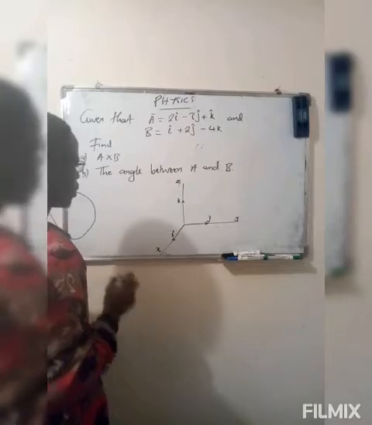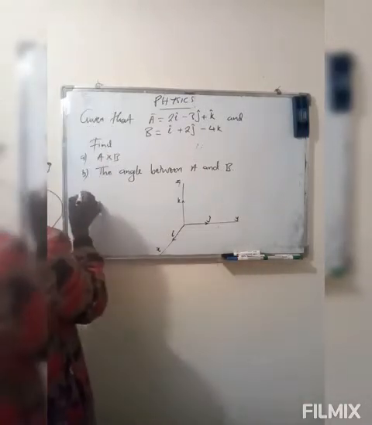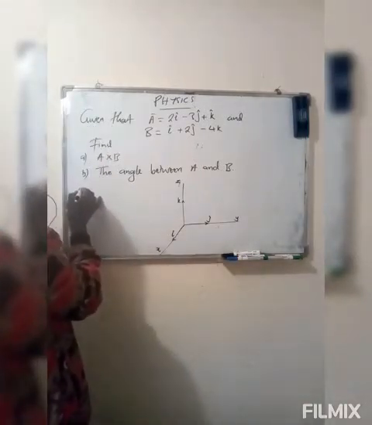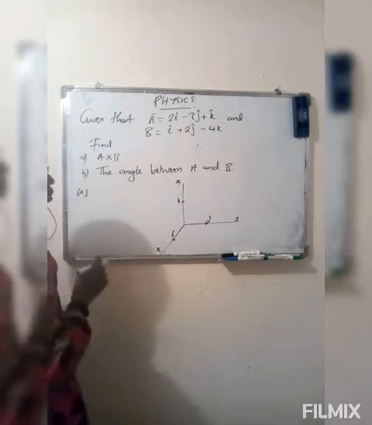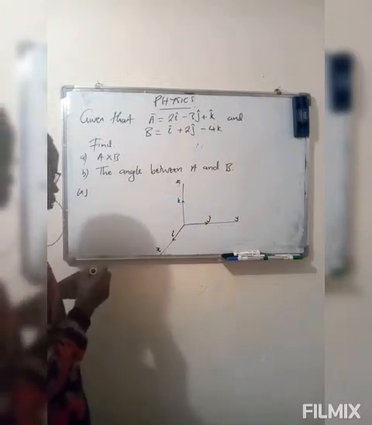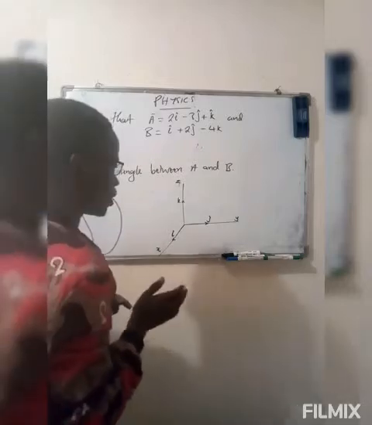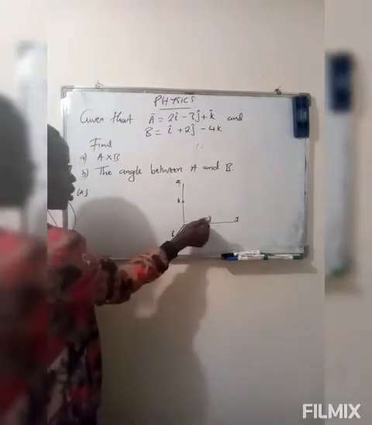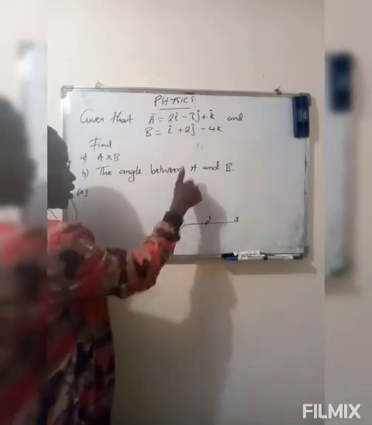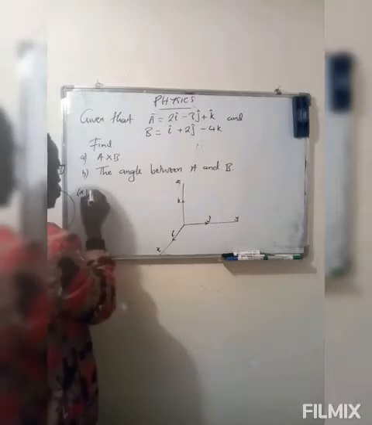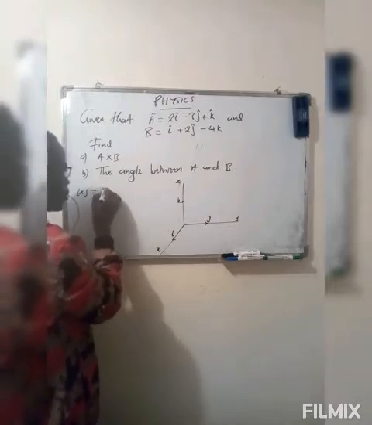So let's say we want to get i multiplied by j. What are we going to get? Remember, you use the right hand thumb rule. So from i to j, what you're going to get is k.